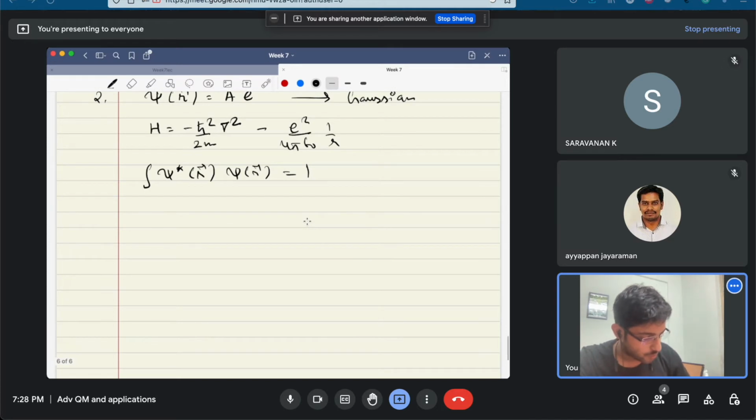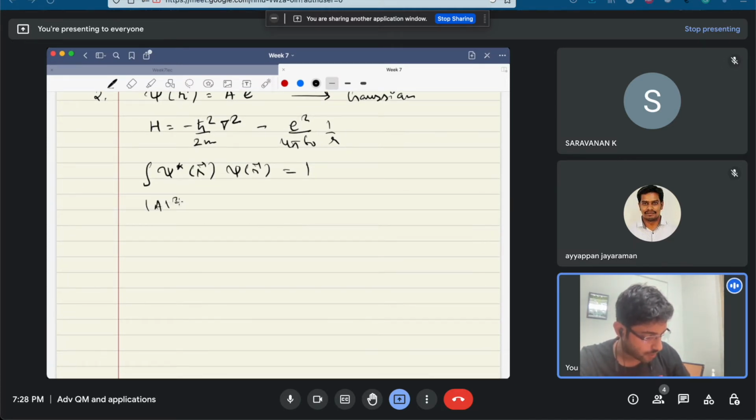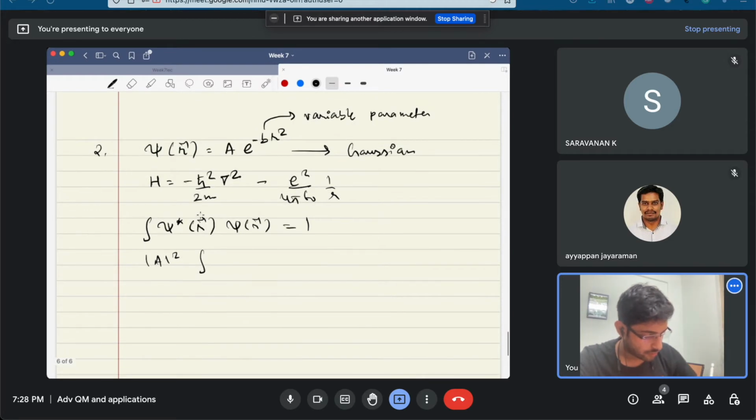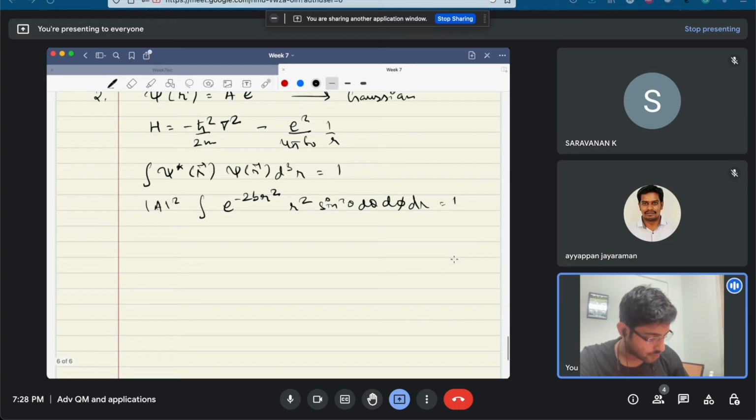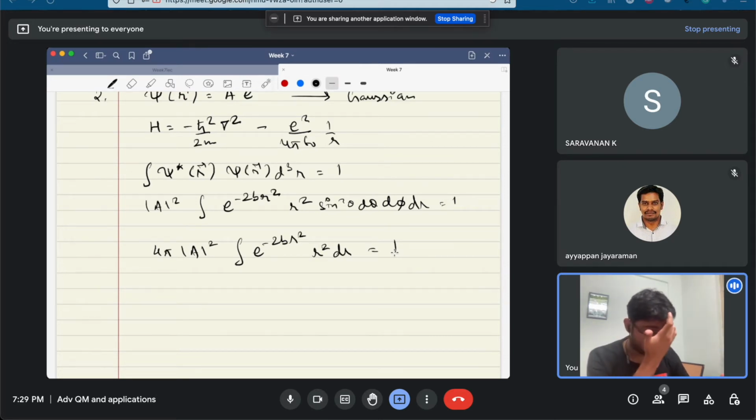So what we have here is mod A square, integral of mod A square e to the power minus 2 b r square, sin square theta d theta d phi. There is dr also. Okay, so since there is no theta dependence, we can just take 4 pi outside. We have e to the power minus 2 b r square dr equal to 1. And this, as I said previously, is a powerful tool that you can use.